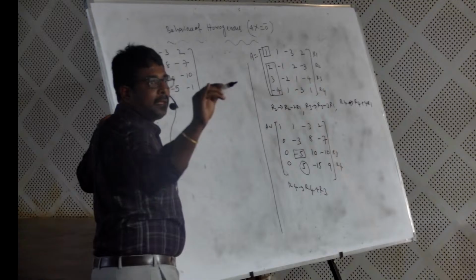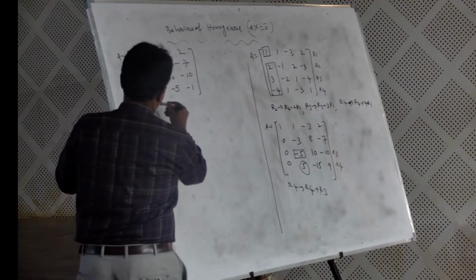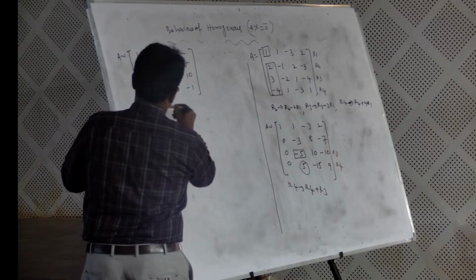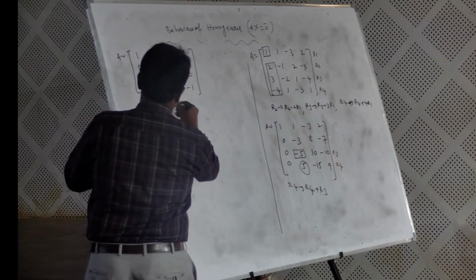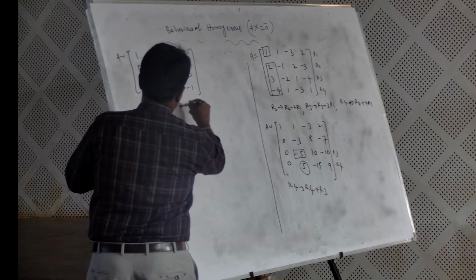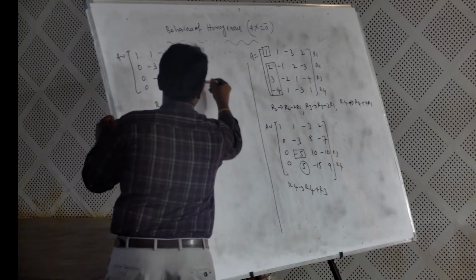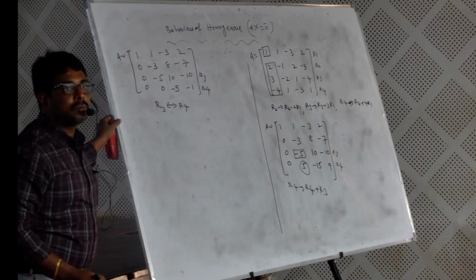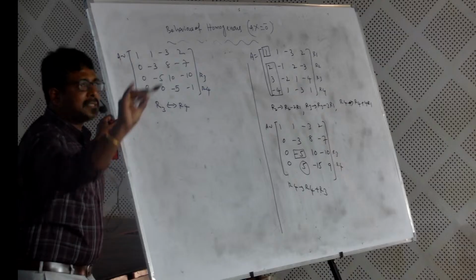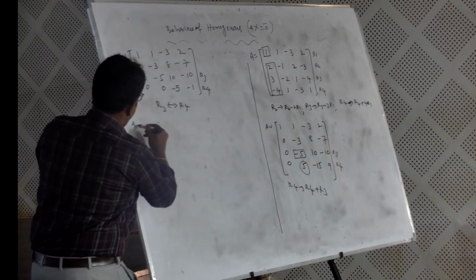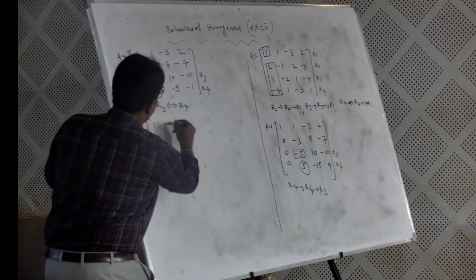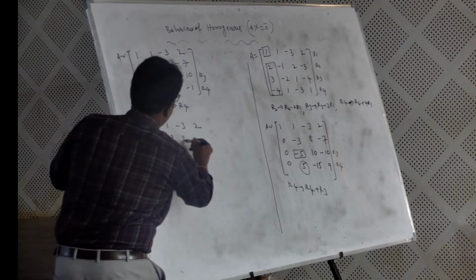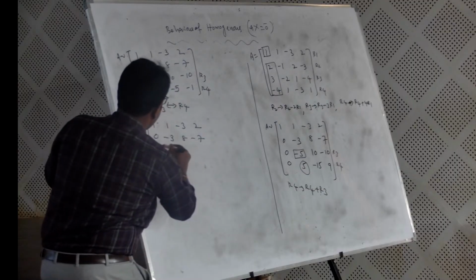Okay. Can you please interchange the third row and the fourth row? Yes or no? Just a small interchange. 1, 1, 0, 0.